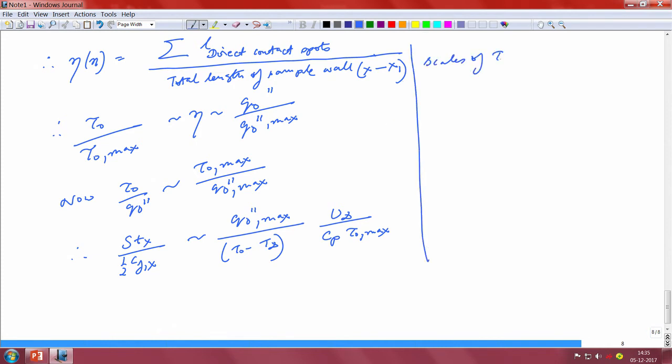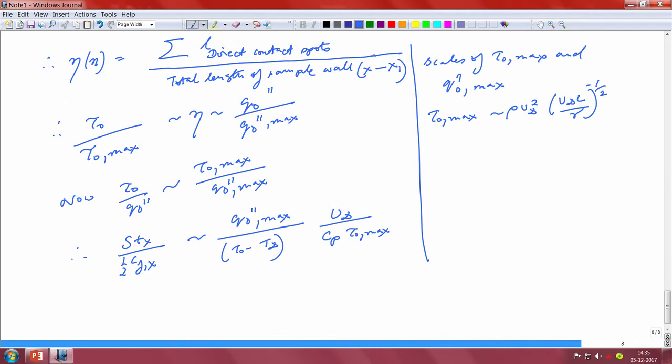Scales of tau naught max and q double prime naught max. So, tau naught max scales as rho u infinity square into u infinity L divided by gamma raised to the power of minus half.